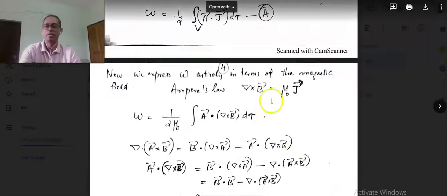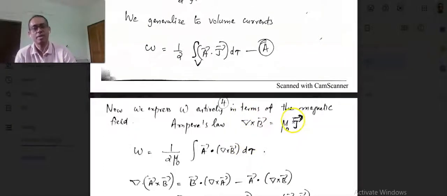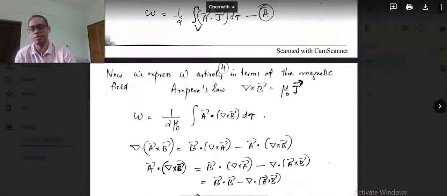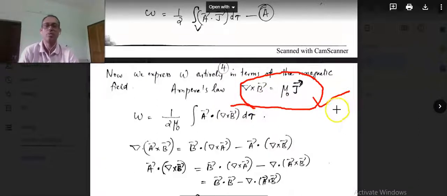Now we are expressing W in terms of the magnetic field. Here we do not see the magnetic field, so we use Ampere's law. What is it? Del cross B equal to mu 0 J. This is Ampere's law.